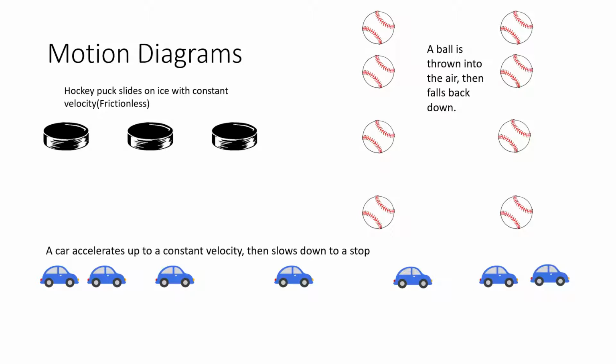Then we had a mixture of the two on the bottom with a car, starting from rest, speeding up to a constant velocity in the middle, and then slowing down. So its velocity is that way, but it wants to change its velocity, so its acceleration is opposing. So it will stop.